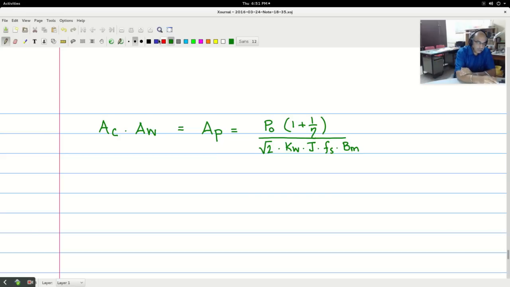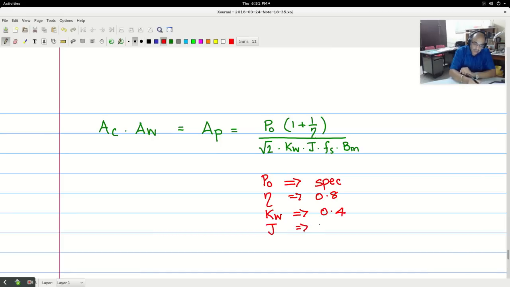And you see that P naught is available from spec. This is a spec input to the design. Efficiency, you can assume it to be around 0.8, 80%. Kw, you have a starting figure, which I told you to start with around 0.4.